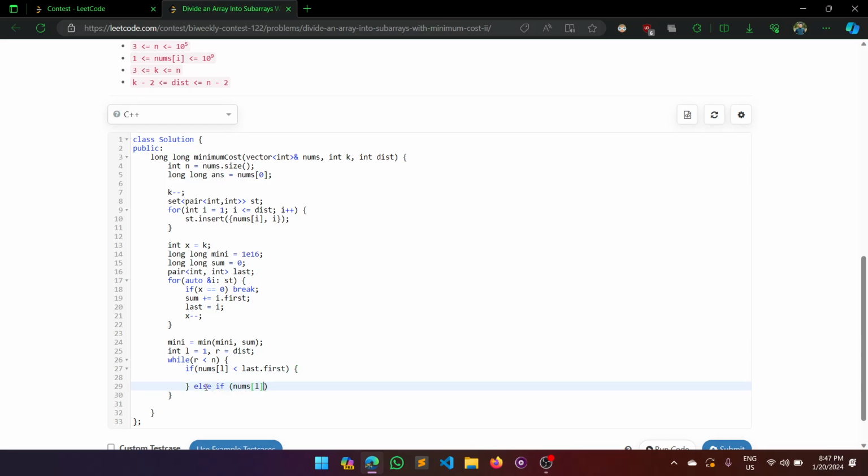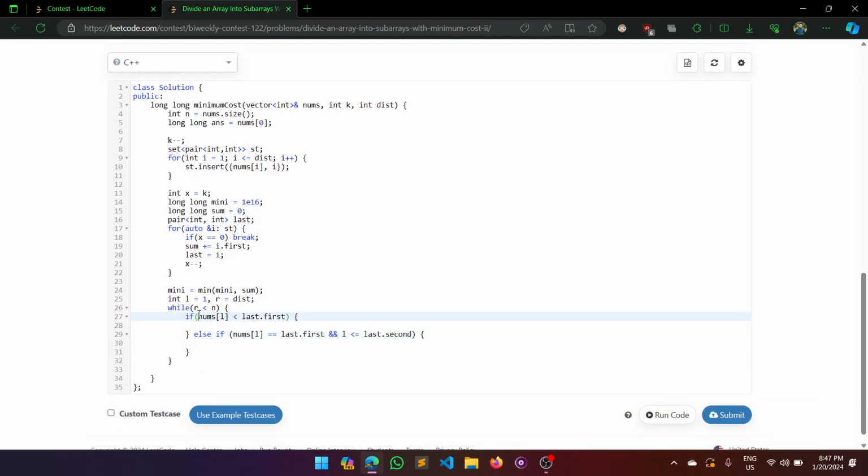Else if nums of l double equals last of first, but l is less than or equal to last of second, that means it's included as well.